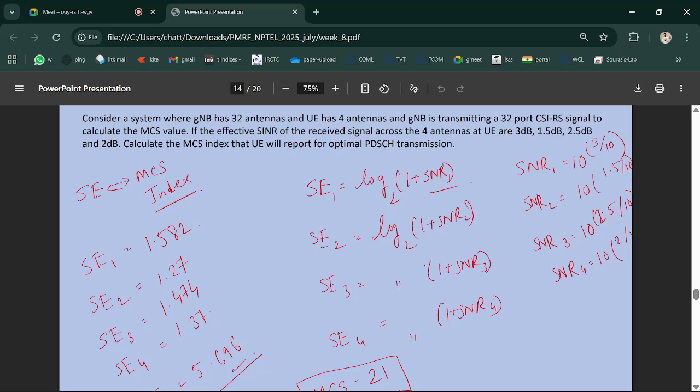Because if you see the table, MCS 21 corresponds to 22, 23 dB SNR value. So I'm not able to understand how this much gain of SNR comes. Here it is clearly mentioned, calculate the optimal PDSCH transmission. The word optimal is very important here. Yeah, but it will depend on the received SNR, right? Okay, got it.